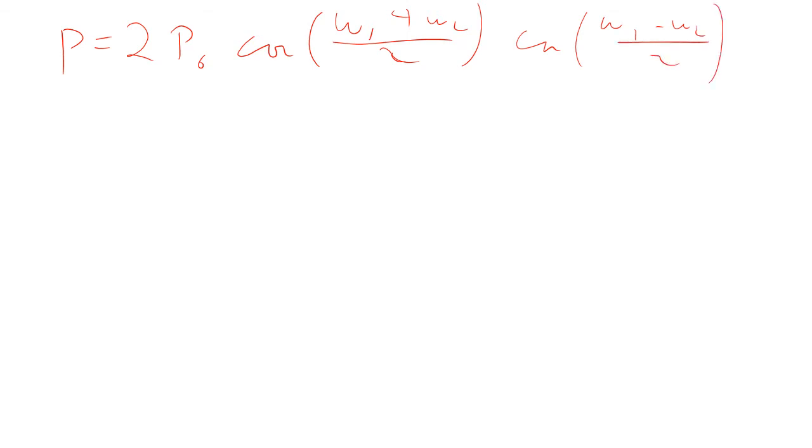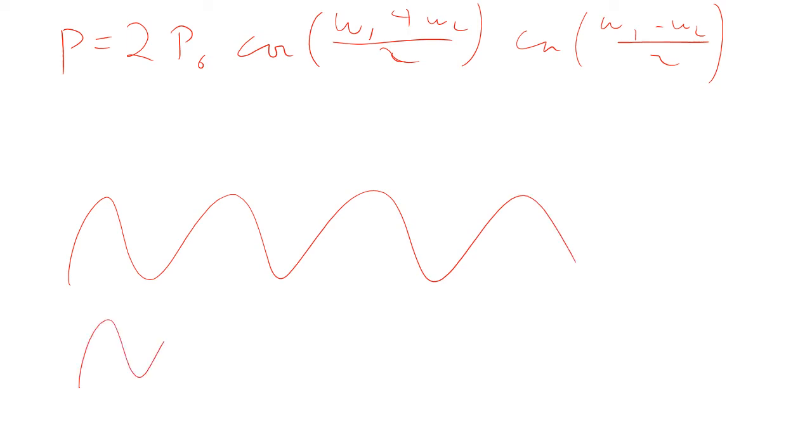Now, what does that mean? If you have two frequencies that are pretty close to each other, then omega 1 plus omega 2 over 2 means it's going to be oscillating like the average of the two. And then we have omega 1 minus omega 2 over here. That's the difference in the two.